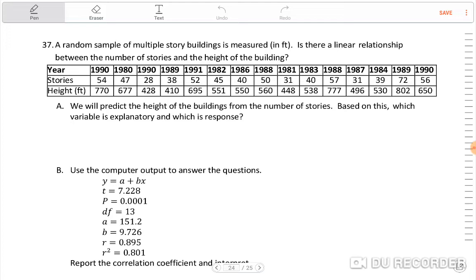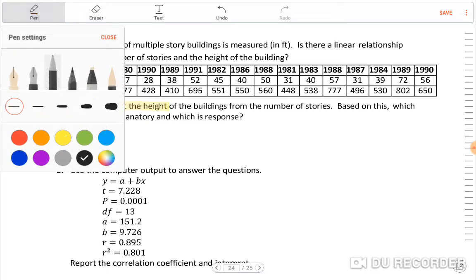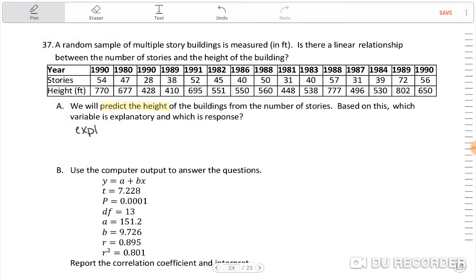So if you're predicting height, that's your response variable. So your explanatory variable is going to be the number of stories. And the response is going to be the height. Okay.